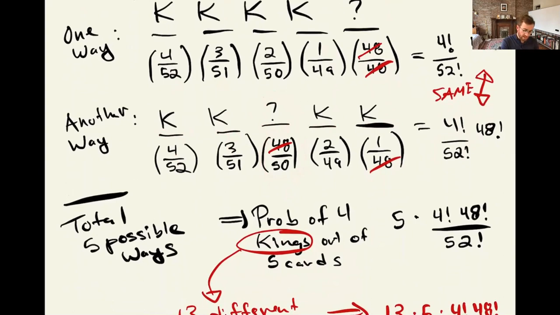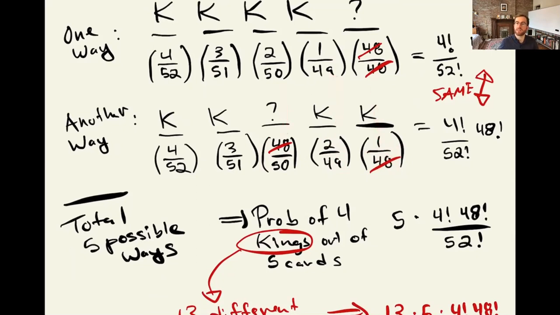And then now I can continue going on. I said, okay, well, now there's 2 cards left. They're kings out of 49 remaining. So 2 out of 49. And then again, 1 out of 48. And notice that each of these fractions, just comparing, are different.